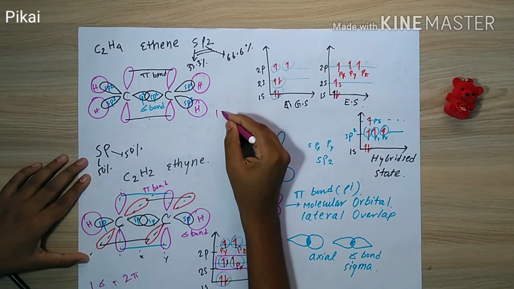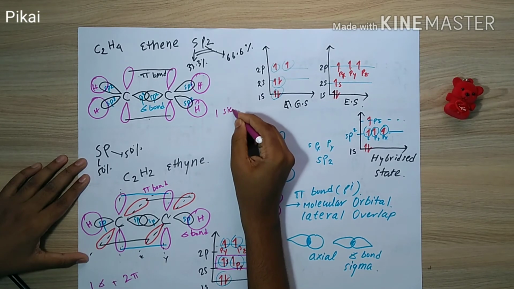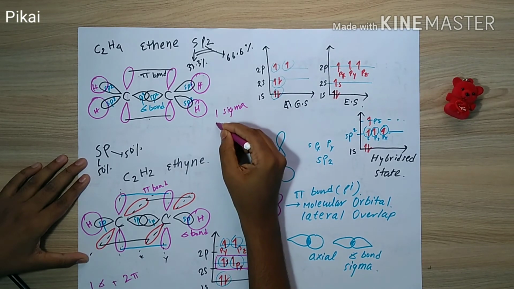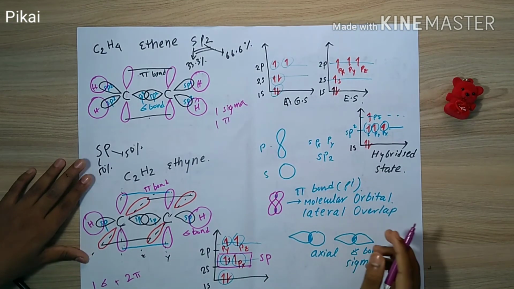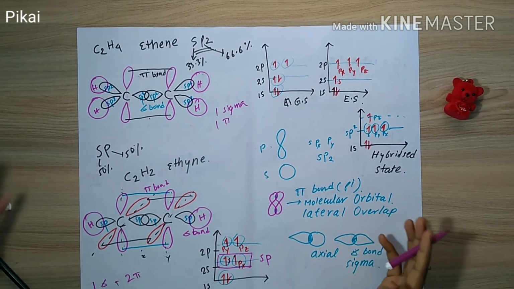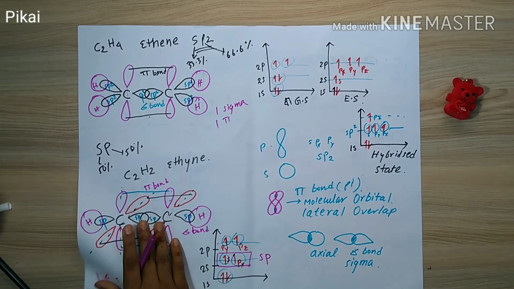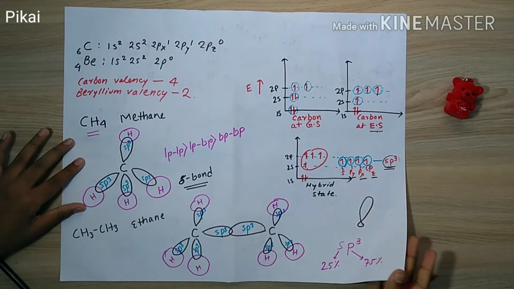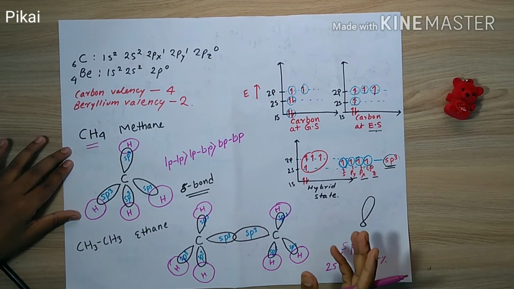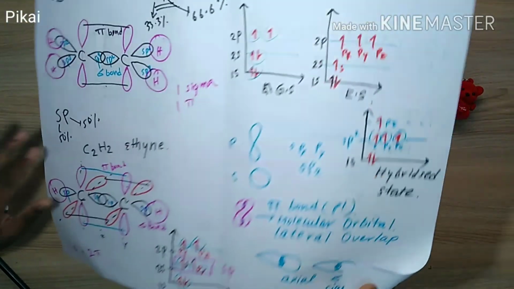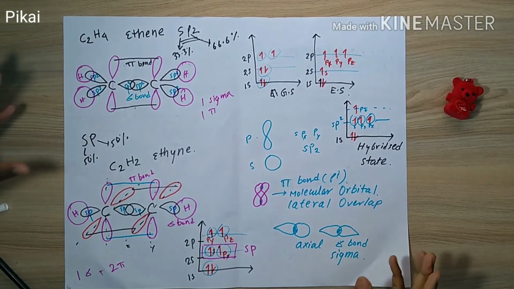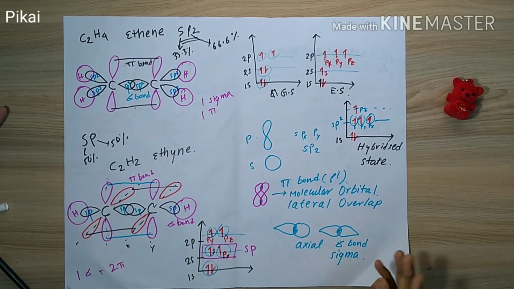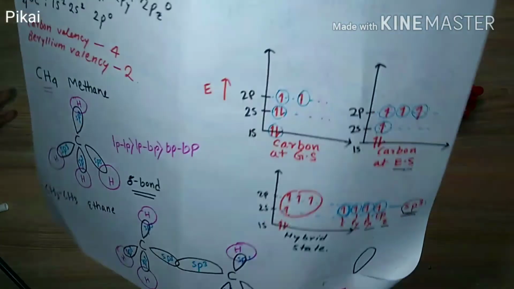So the C2H4 compound has 1 sigma and 1 pi, that is the double bond. And in C2H2 we have 1 sigma and 2 pi, that is the triple bond. And in methane and ethane we have a single bond, that is the sigma bond between the sp3 hybridized orbitals.